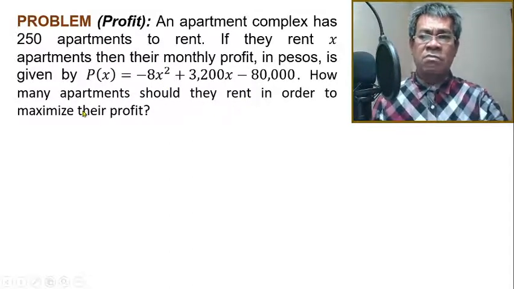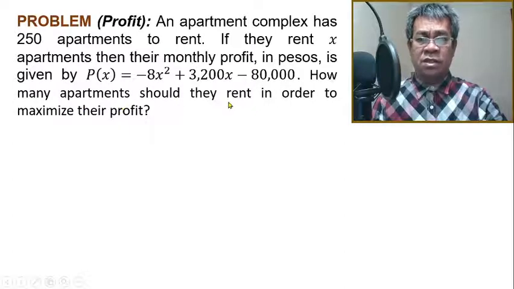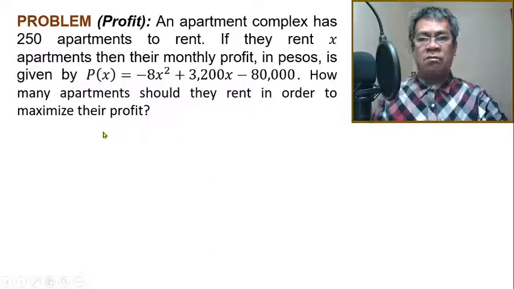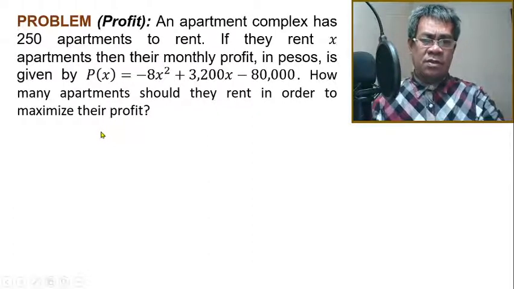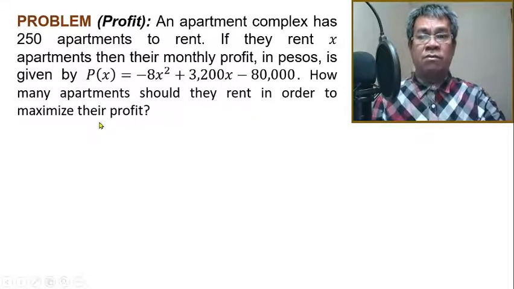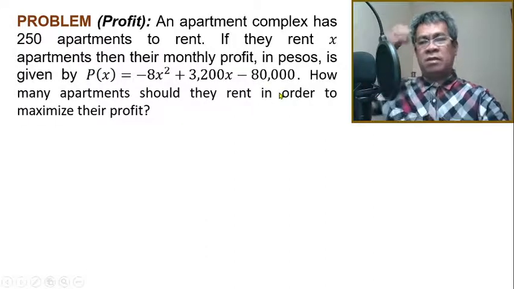Now the question says: how many apartments should they rent in order to maximize the profit? Because in profit, we are concerned with the maximum result of the business. If you are the owner of this business, you are concerned with the maximum profit. If this model is the result of the study, then it must be followed to come up with the maximum profit.